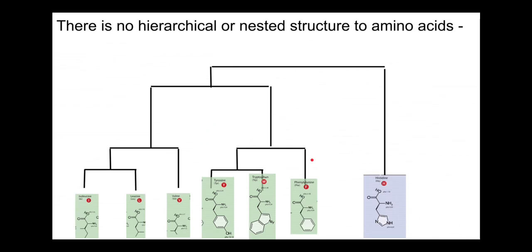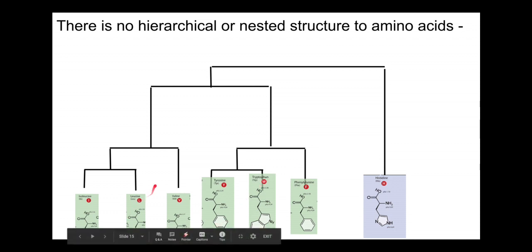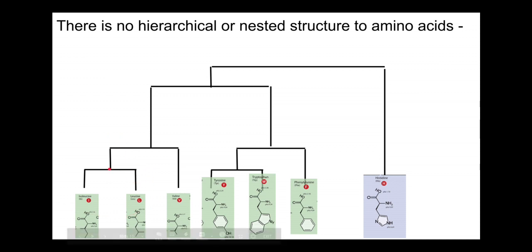Now, if we want to, we could put this into a tree diagram. This does not imply that there's any sort of hierarchy or any nested structure. It's just putting things into a phylogenetic tree-like system where things that are chemically similar are grouped together and share a node.